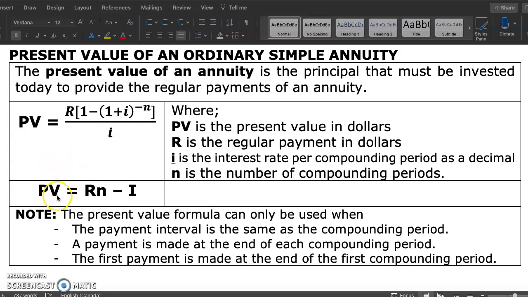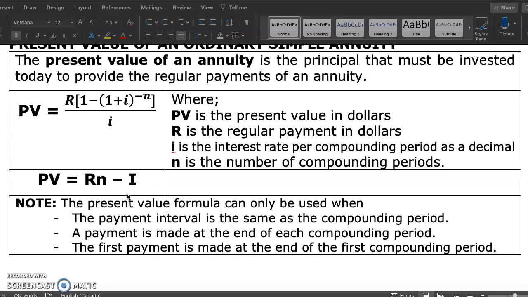So your present value is equal to Rn minus I, where Rn represents the regular payment that you're withdrawing times the number of withdrawals that you make, so the total amount that is withdrawn. And I, as a capital, represents the total interest that has been accumulated.